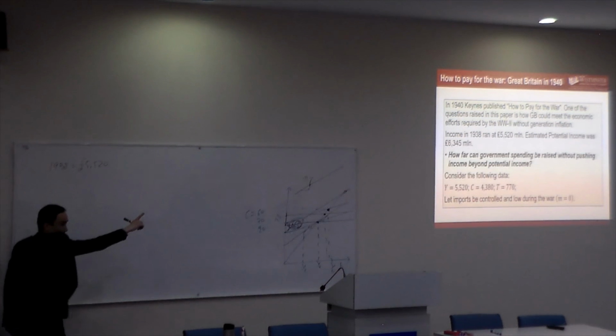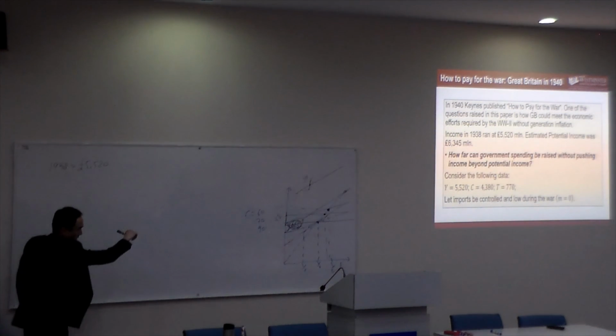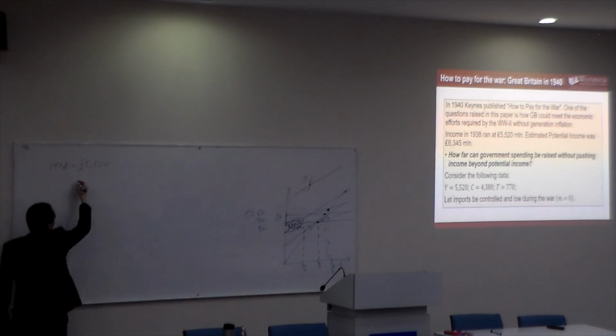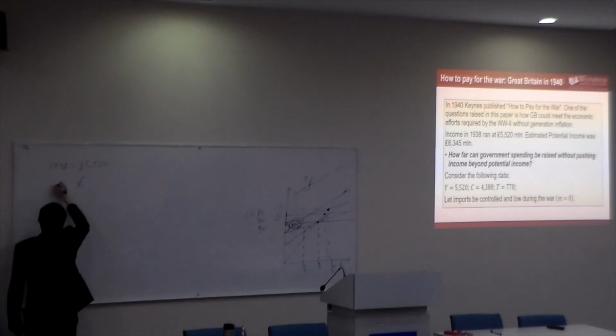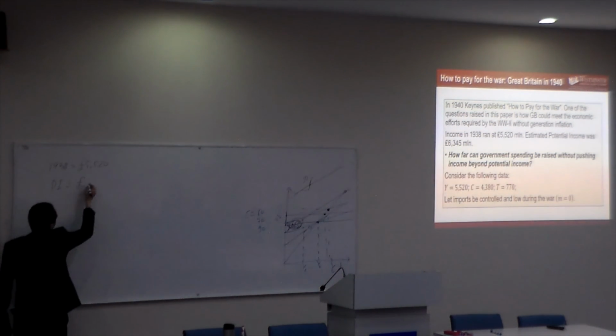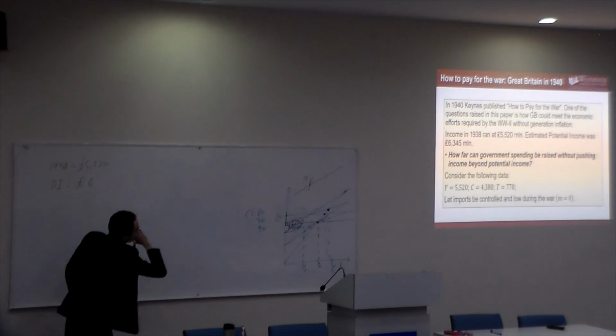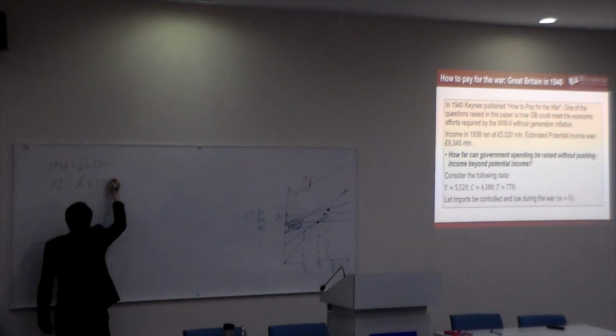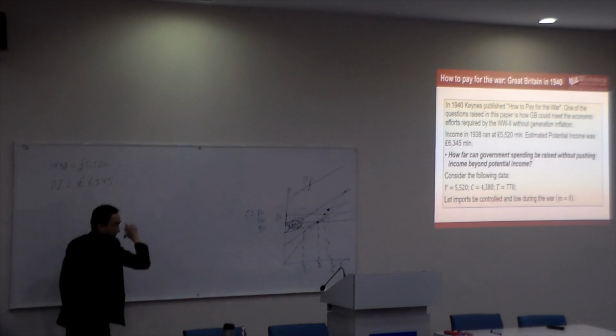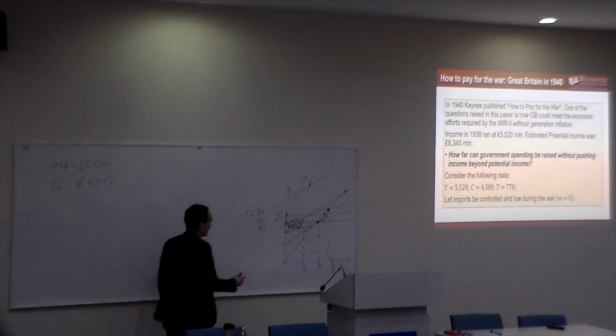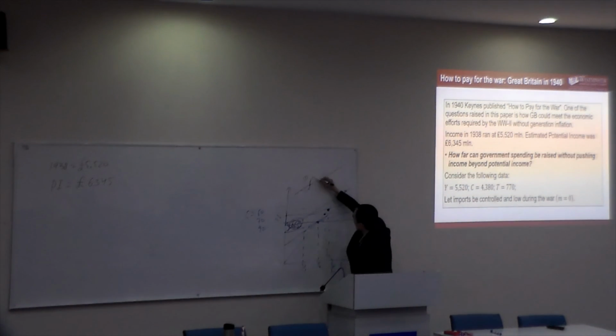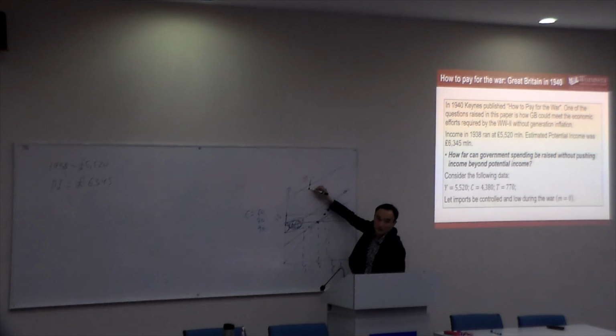But the potential income was estimated to be 6,345 million pounds, which means that the economy was at this level. Okay? At that time, the economy was growing at this level.